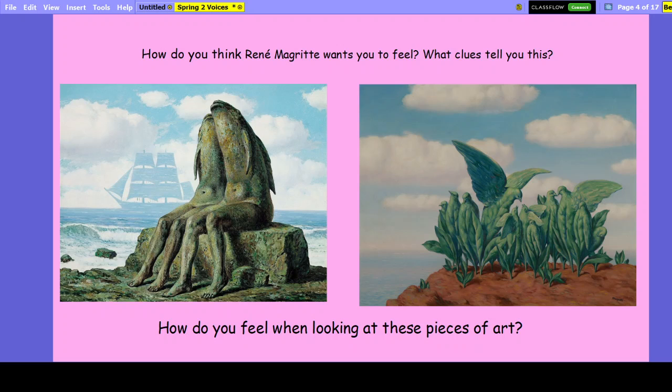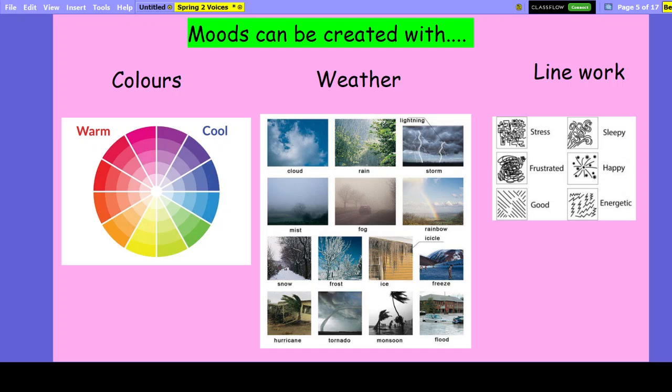Again, you can pause the video, have a discussion. Is it the colours? Is it the details? Are there the shapes? What can you see that makes you feel a certain way? And just reflecting on last week as well, moods can be created with a variety of different tactics, but some of the ones that we investigated last week were colours and using the weather.